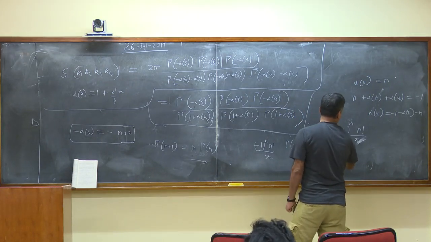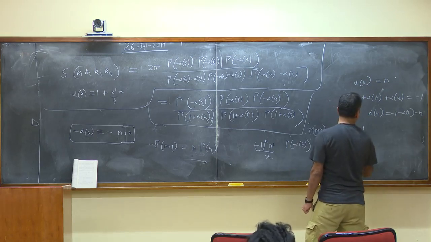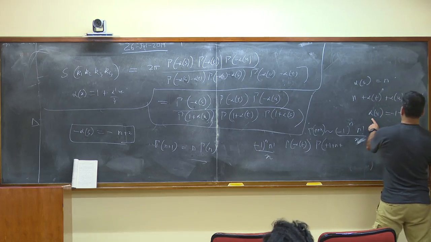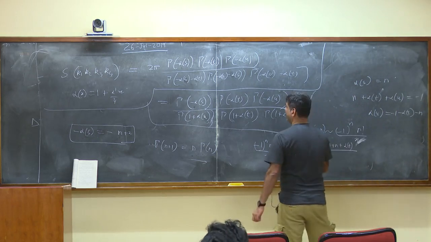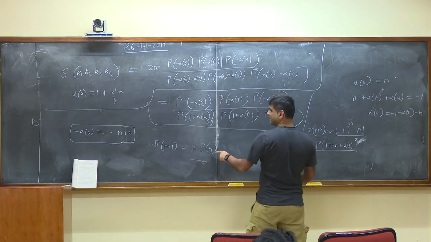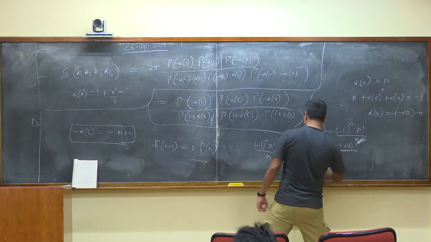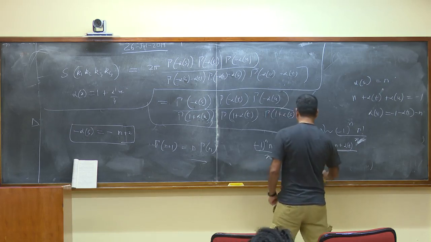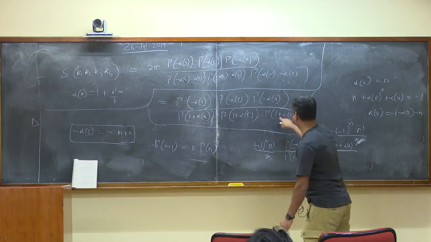This is gamma of 1 plus n plus x plus alpha of t, divided by, here we just replace with gamma of 1 plus n minus x, but x we set to 0 because it's not singular. Gamma of 1 plus n, so this will cancel this n factorial actually.